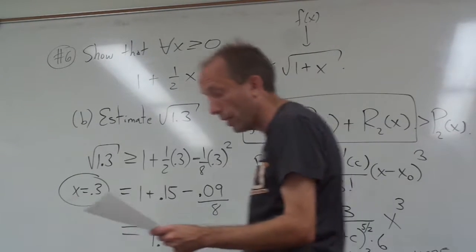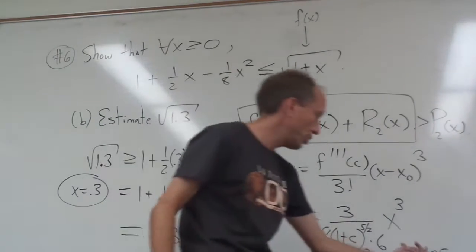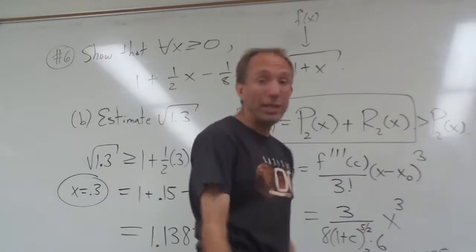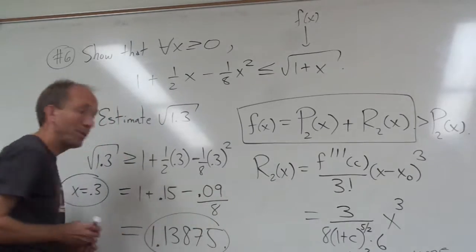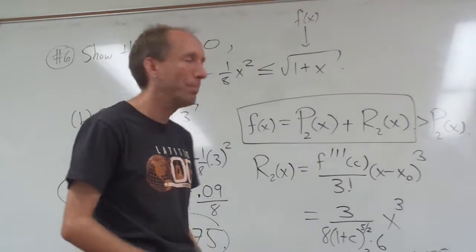So it's a very small error. The exact error turns out to not be quite that much, but that's a good upper bound for what the error could be. So you can estimate the square root of 1.3 by this value, and you know that it's not off by more than that, right?